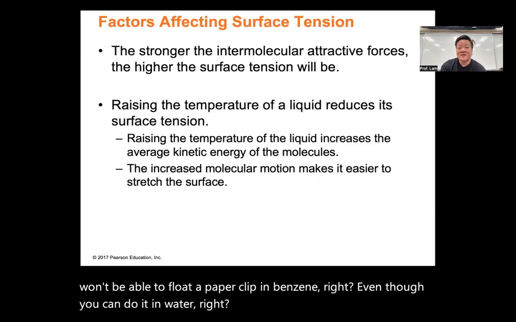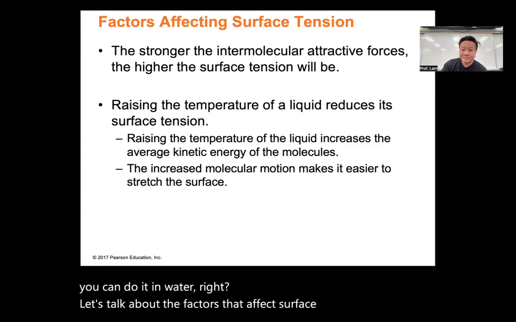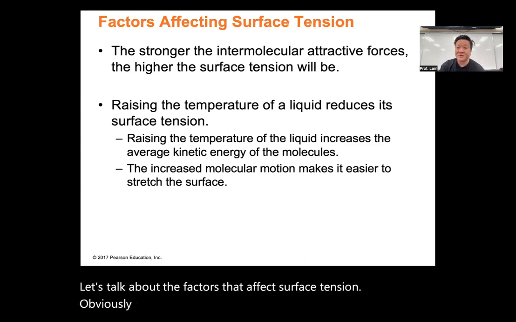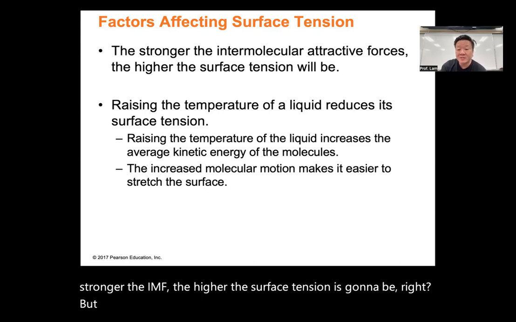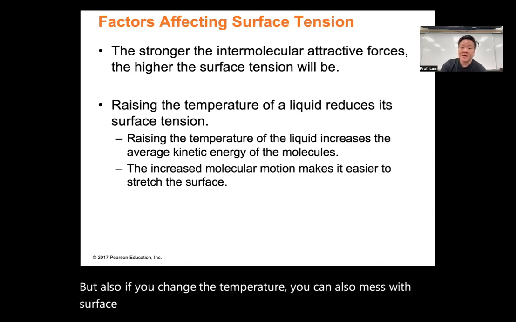Let's talk about the factors that affect surface tension. Obviously, it's the IMFs. That's the main one. The stronger the IMF, the higher the surface tension. But if you change the temperature, you can also affect surface tension. Let's think about it.